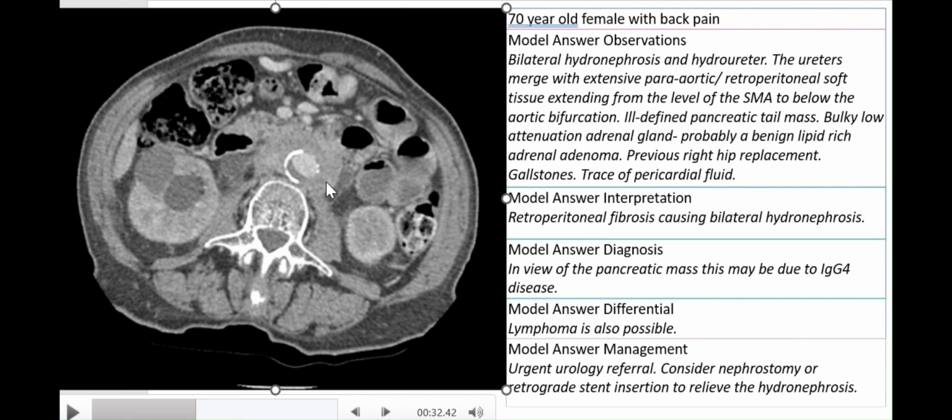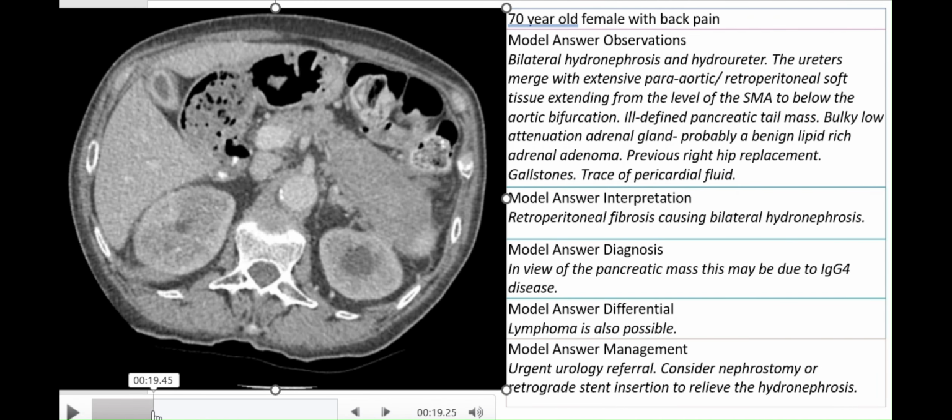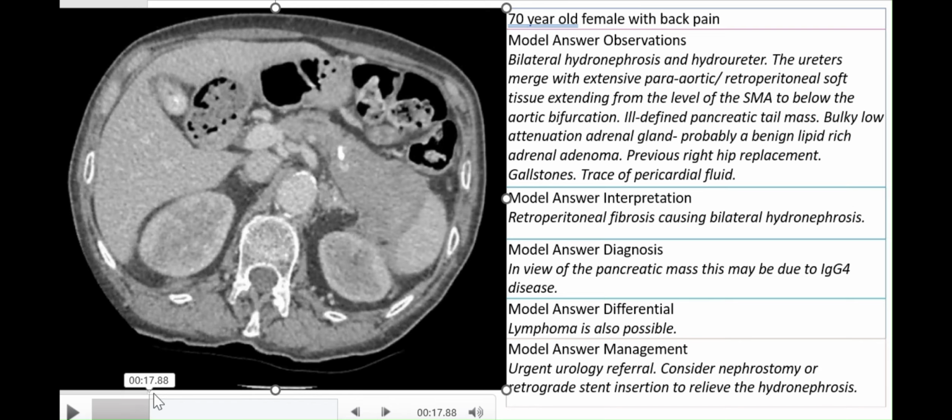This retroperitoneal mass is also associated with a pancreatic tail mass. This is the pancreas. Can you see the pancreatic tail here? It's markedly enlarged here with an ill-defined mass. Okay?